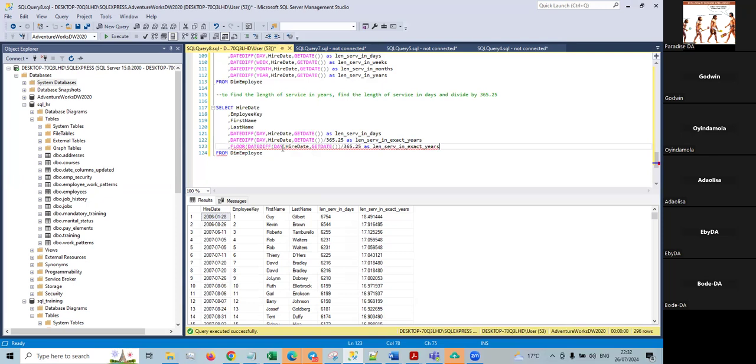So this one now, we introduce a bracket here, so we should close this bracket. So length of service in full years. Let's call this full years.